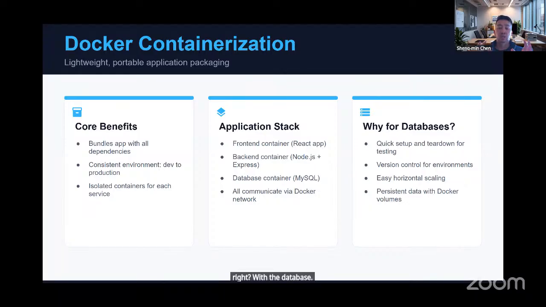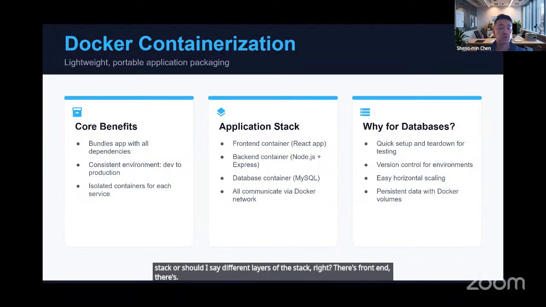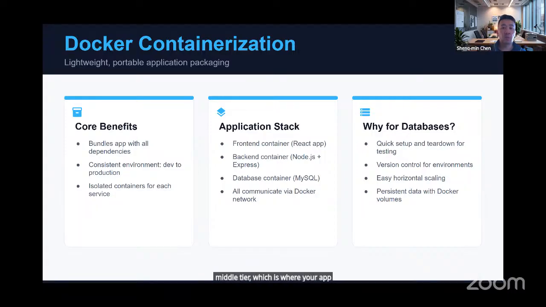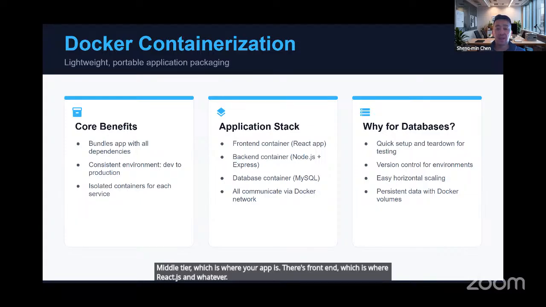Because of these different layers of the stack, there's the front end, where React.js and whatever lives. There's the middle tier, which is where your app is, your backend container, which is Node.js or Express.js. Then all the way to the back is your data container, which is MySQL, MongoDB, and all that stuff.